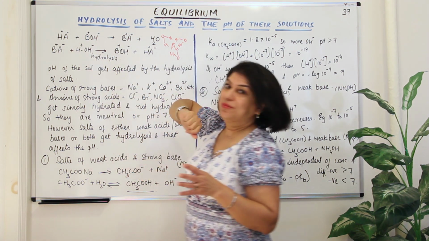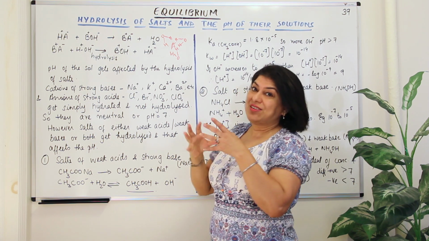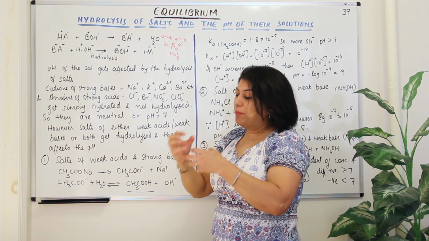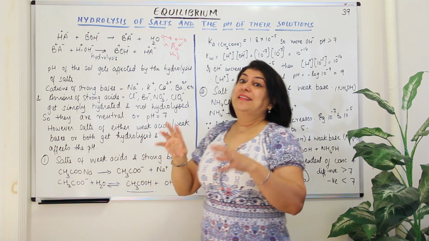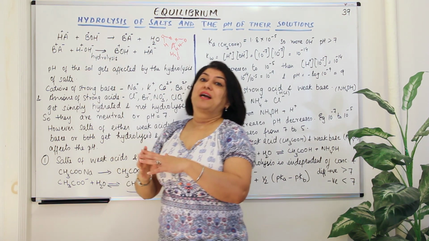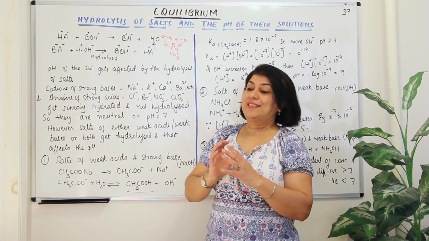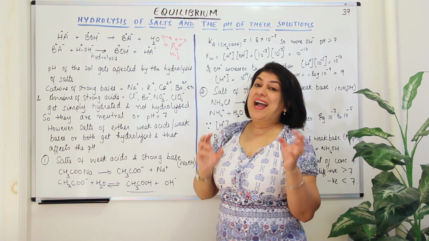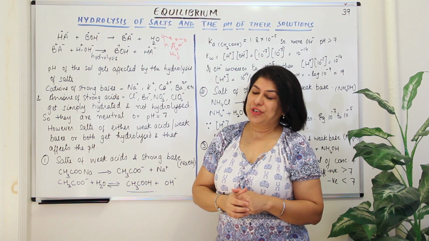So when it forms a bond with one of these, the cation or the anion, the other ion's quantity starts increasing, or exceeding, and that causes a change in the pH of the solution.